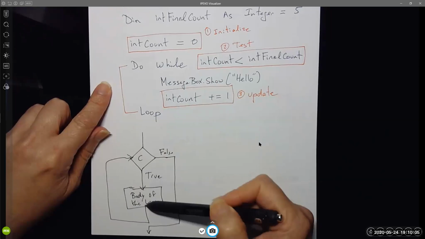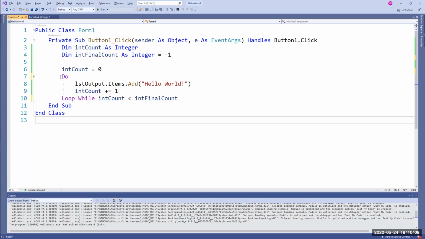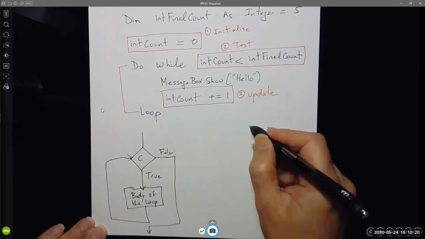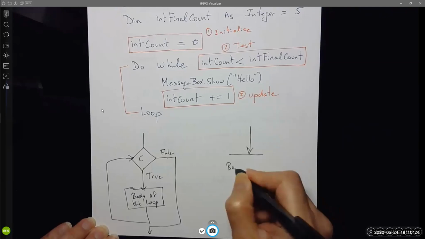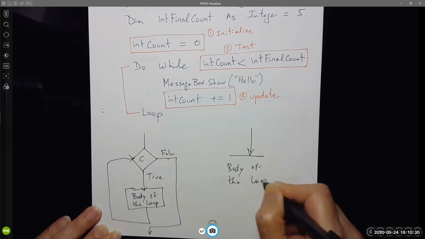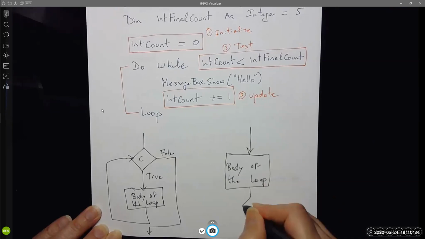What we're doing now with this new thing, where we're putting do loop while, is a post-test loop. So this is changed to something like this. We're doing the body of the loop first. And then we test the condition.